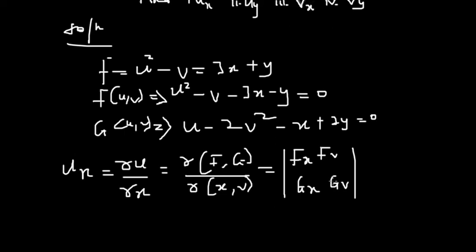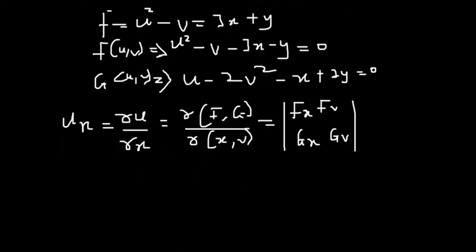So first, we have to find the partial derivative of F of x, F of v, G of x, G of v. In order to save time, let me show you something. Instead of finding only those, find the partial derivative of all the notations.